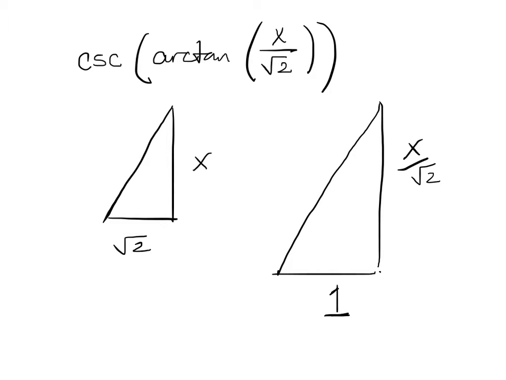So now, cosecant of arctangent. Cosecant is 1 over sine. This thing, arctangent of x over root 2, is an angle.